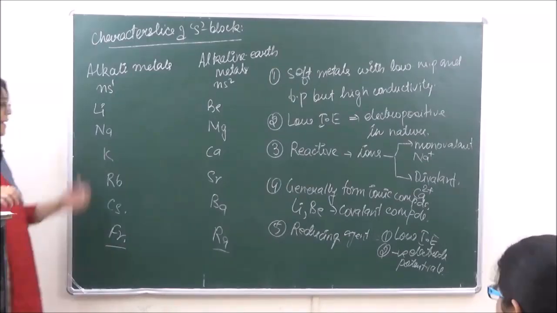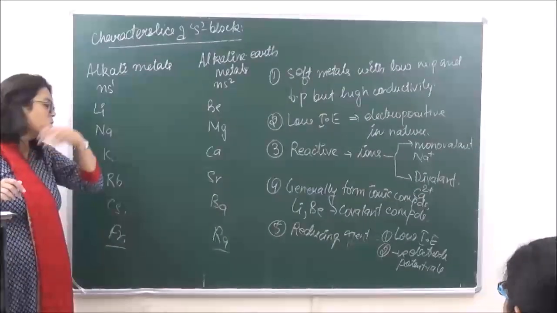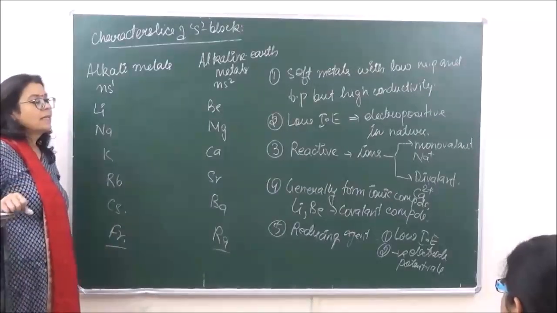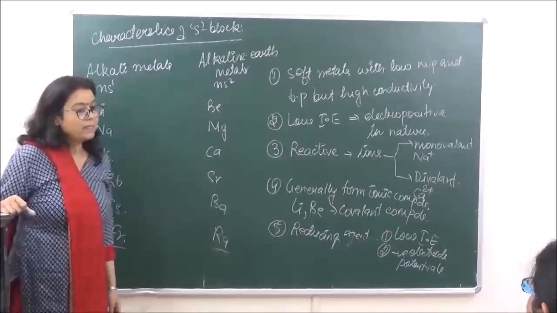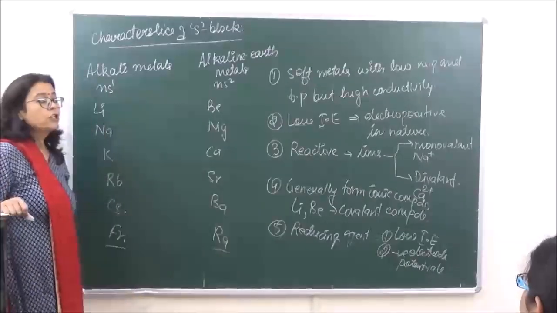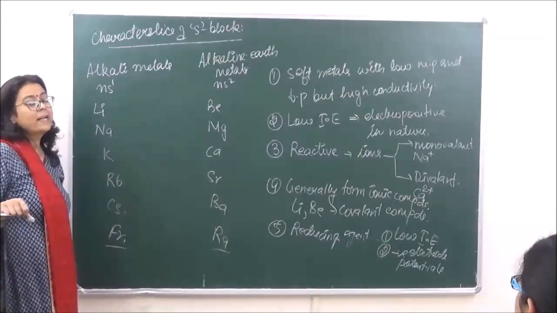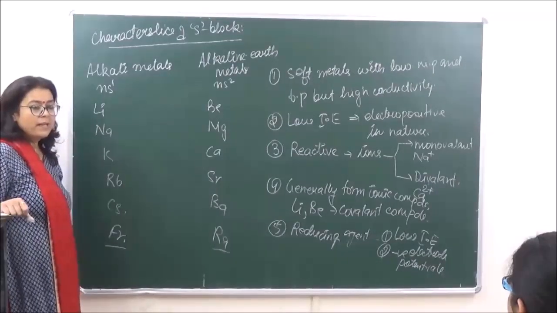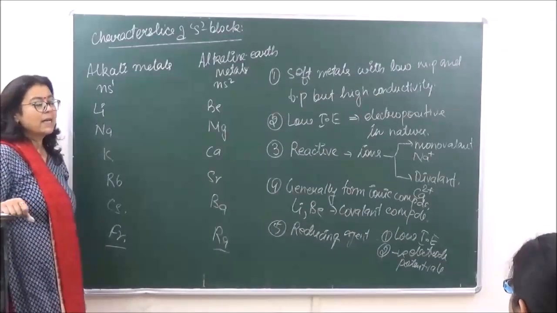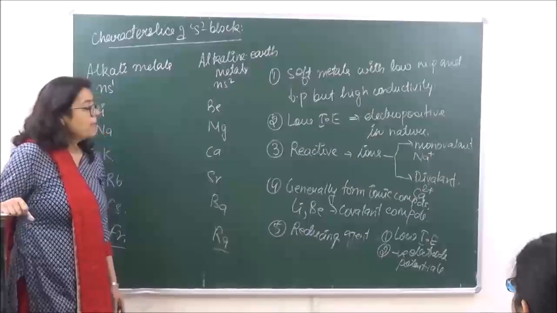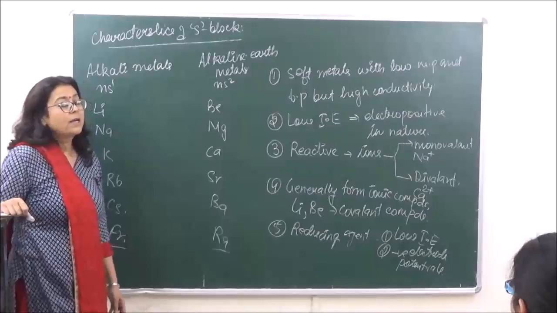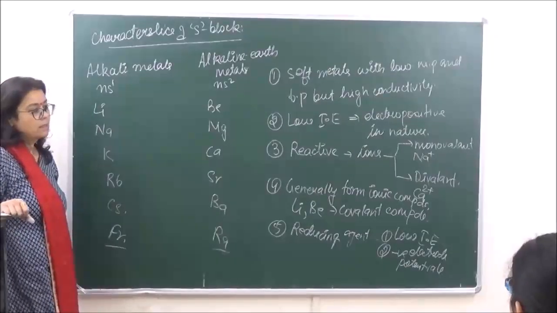Now while preparing these, because of the negative electrode potential, we study one more property of alkali metals, that is that when we are preparing the alkali metals, we cannot do so by electrolyzing the aqueous solutions. Okay, because whenever we are electrolyzing the aqueous solutions, the main product over here, that is going to be hydrogen at the cathode rather than the alkali metal.